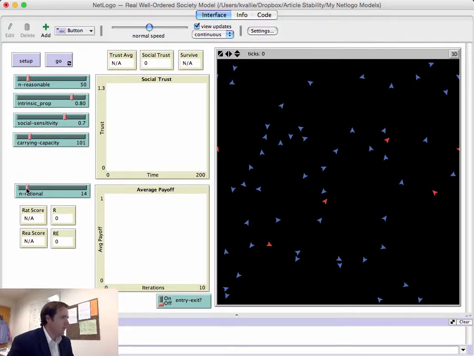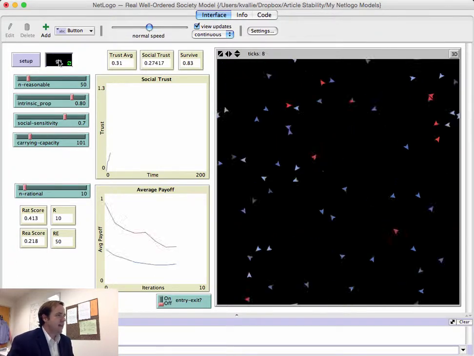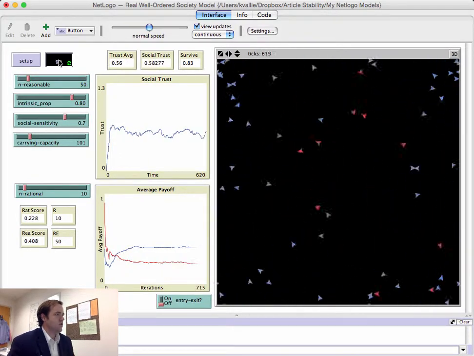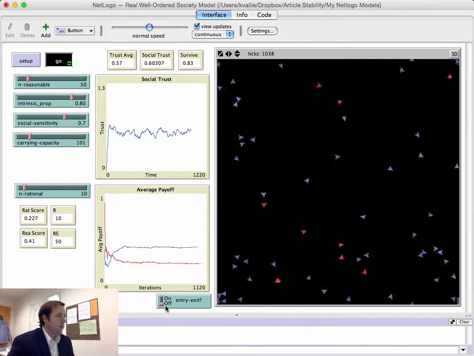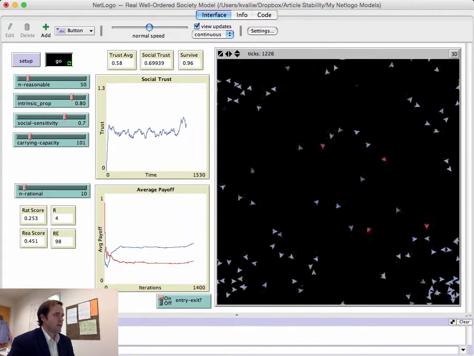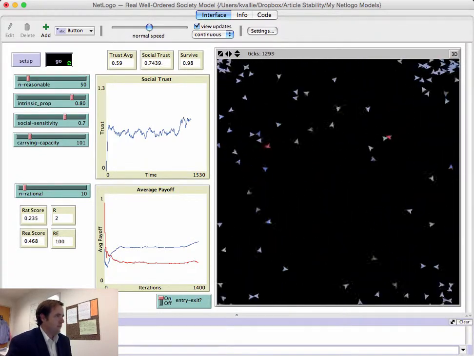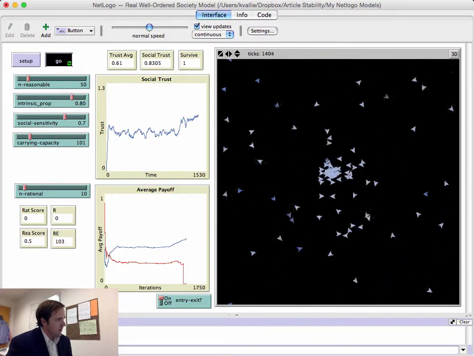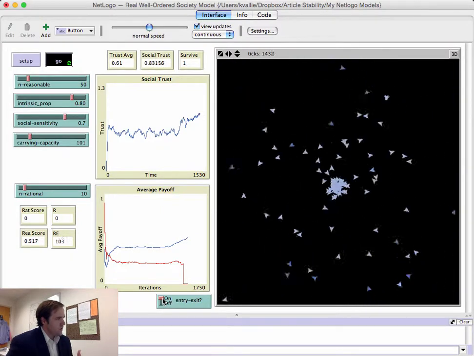I mean, we can go down to 12 or whatever, for whatever portion of the population you're interested in. And we can see that, say, over time, even though the rational agents will seem to do well, right? So I didn't turn on the entry-exit switch, but now we have it, and we can see that even in this system, because the reasonable agents are able to congregate together, they are able to resist the rational agents.